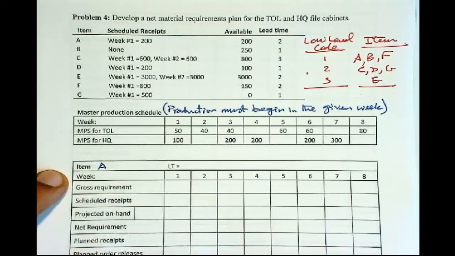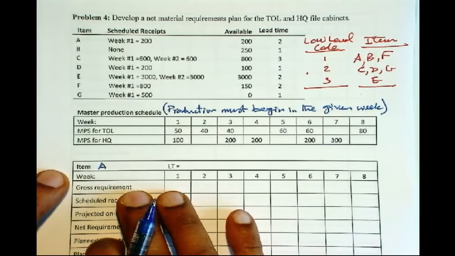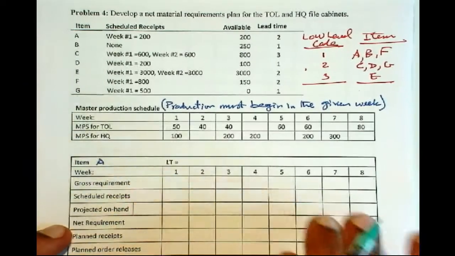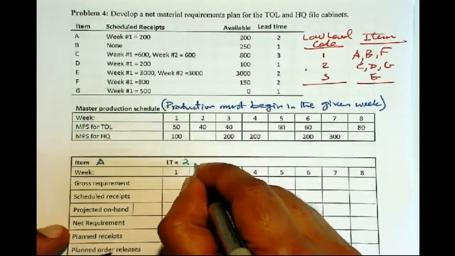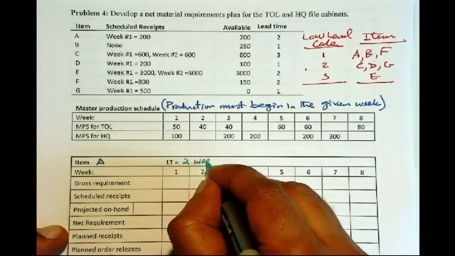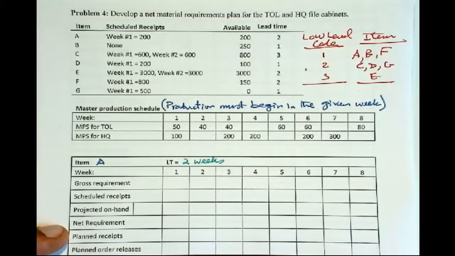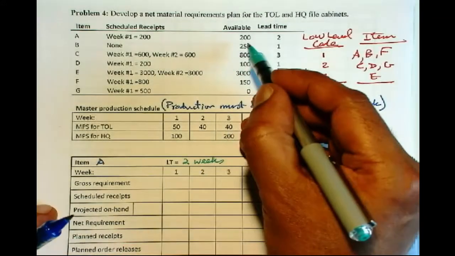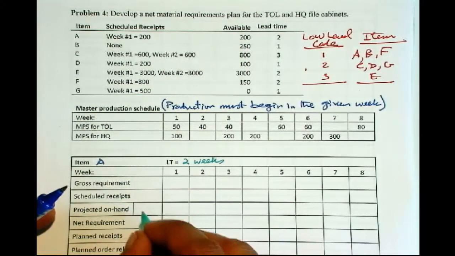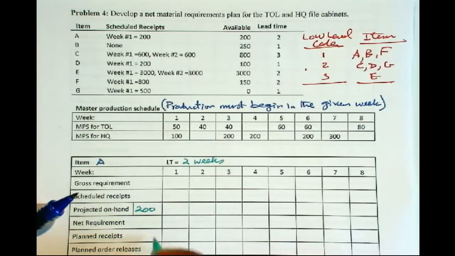Okay, now let's fill out the given information. Okay, lead time is 2 weeks. Okay, given right here. And we have available 200, so we're going to put that here. So remember, our current time is right here.